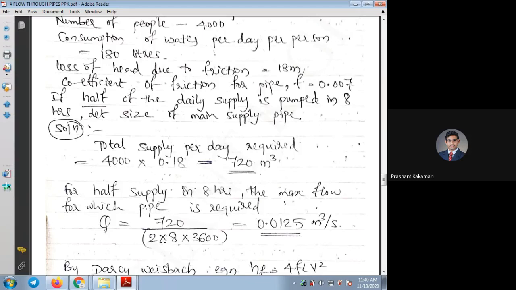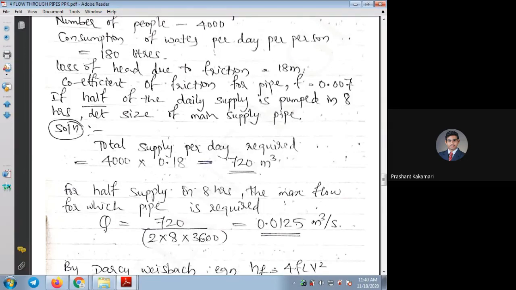I just multiplied by 2 because I have told half supply. Into meter cube per second, we need to convert that into seconds. Here the supply is in hours. To convert that into seconds, we multiply by 3,600, or you can multiply by 60 to convert hours into minutes, and multiply minutes by 60 to convert into seconds.